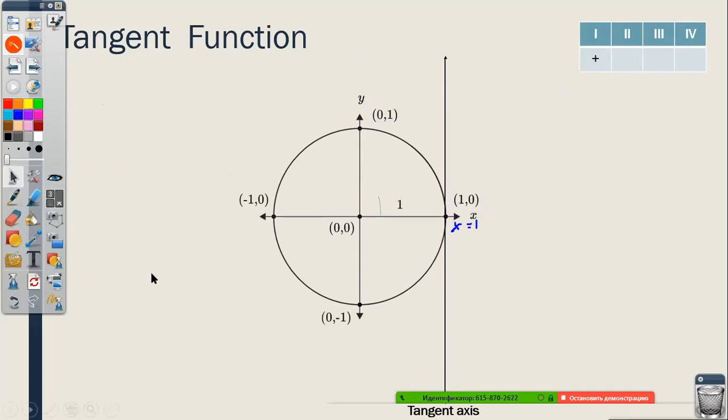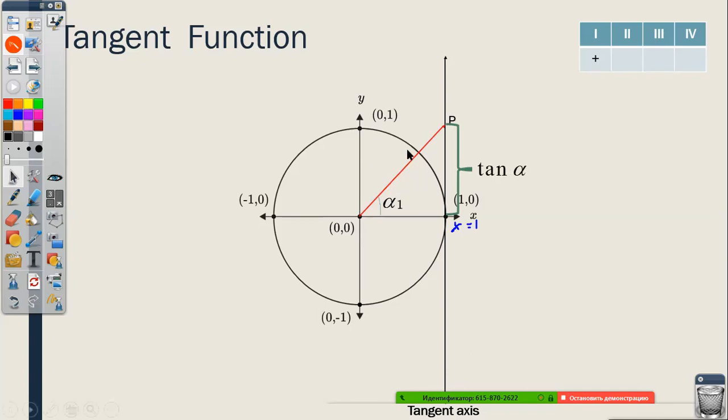Then let's say we have an angle alpha, and this angle intersects the tangent axis at the point P. The distance from the x-axis to P is tangent alpha.